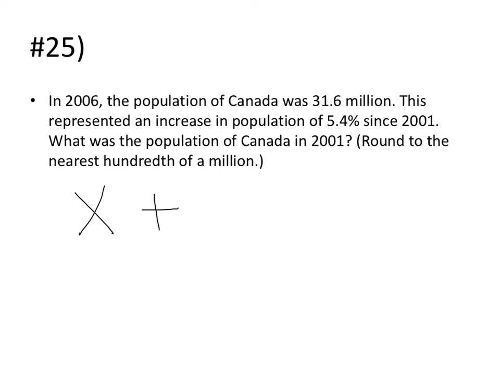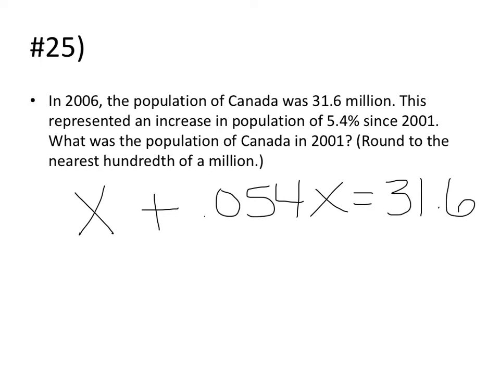And we're going to add to that the 0.054 increase of x, and that's going to give us 31.6 million, which is the population in 2006. So x plus 0.054x is 1.054x, so you have 1.054x equals 31.6.